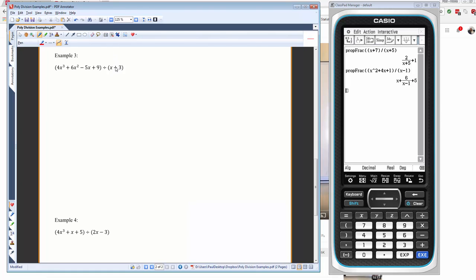So if this x plus 3 is a factor of this cubic here, then we're going to have no remainder. Okay, if we do have remainder, it's not a factor, but let's just check it out and see how we go. Right, so we've got x plus 3, and we're putting that into 4x cubed plus 6x squared, take 5x plus 9.